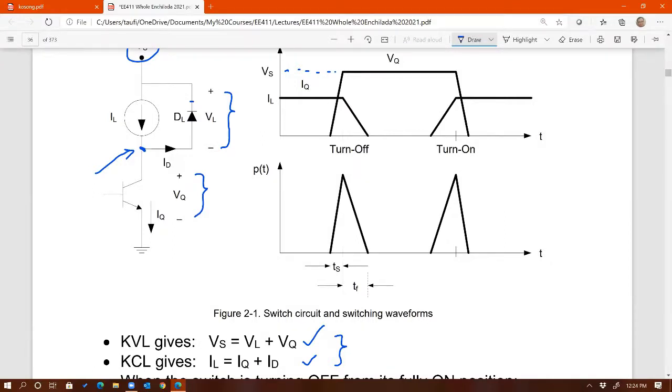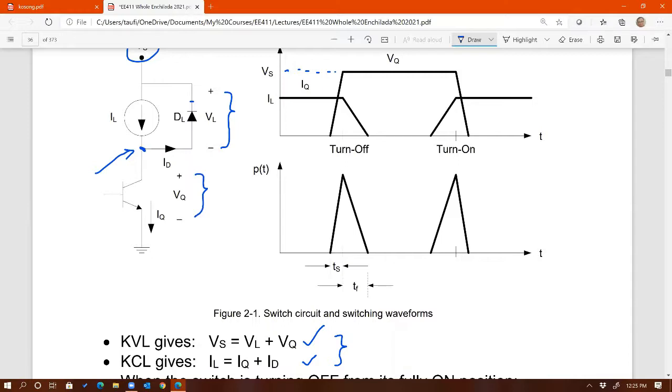Reverse bias, right? Because the cathode is more positive than the anode, so therefore it's going to be reversed. So anytime VL is positive, that means this diode cannot conduct at all, right? So the only time this diode can conduct is when its voltage is equal to 0, or negative voltage, but we would never get negative voltage, you'll see.